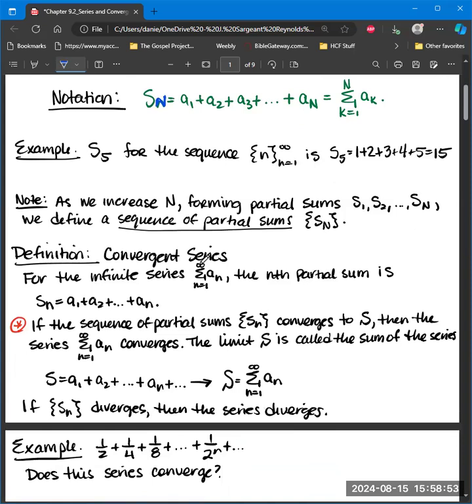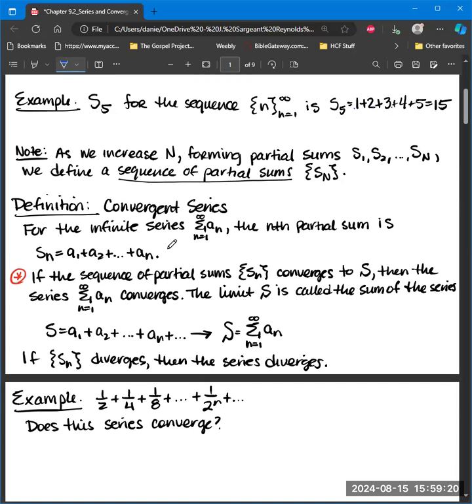So let's find S sub 5 for the sequence n, from n equals 1 to infinity. S sub 5 will be 1 plus 2 plus 3 plus 4 plus 5. When we add them all together, 3, 6, 10, 15, so 15 will be the fifth partial sum.